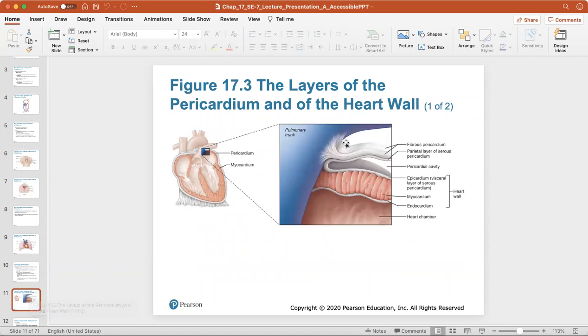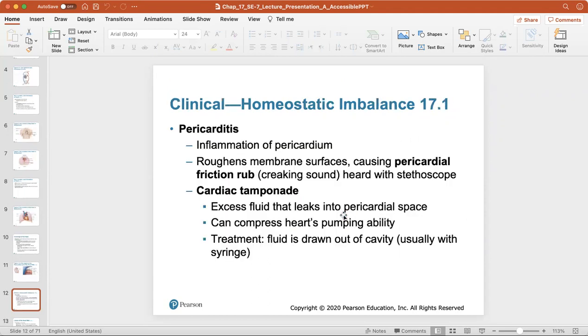So this shows you the layers of the heart, the fibrous pericardium, which connects the heart to the surrounding tissue. The myocardium is made up of the cardiac muscle cells, the epicardium, and then the endocardium surrounding the chamber of the heart. Pericarditis, and again, anytime we see the word itis, that means inflammation.